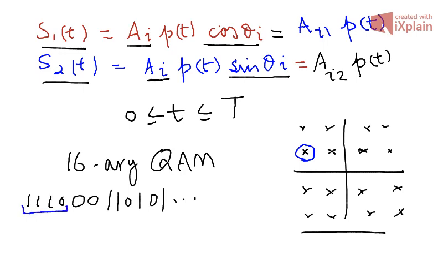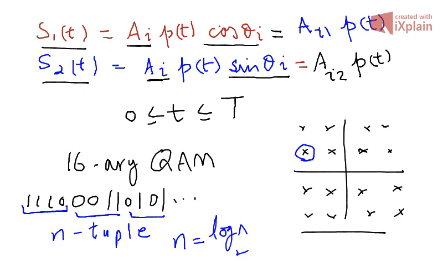So we group our data into n-tuples. Each n-tuple has n bits, where n is equal to log M to the base 2.